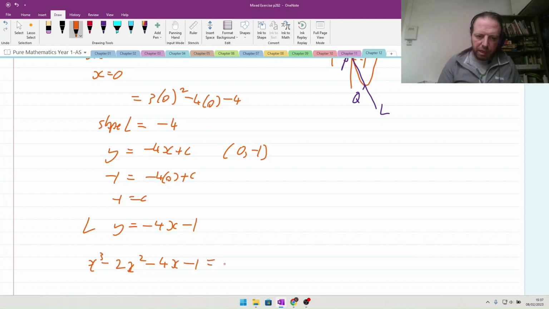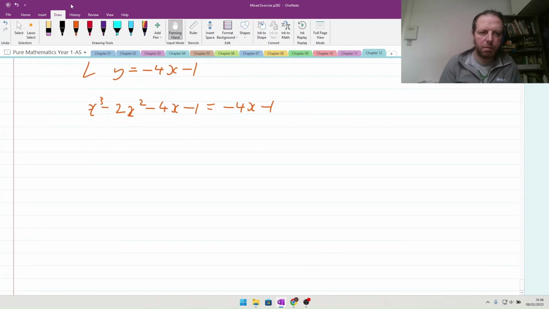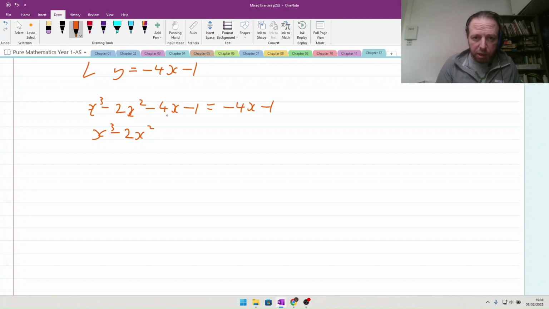And I want to know when it's equal to this line, which is minus 4x minus 1. X cubed minus 2x squared, minus, that becomes a plus, so that disappears, is equal to 0. Okay, so they both cancel that out.